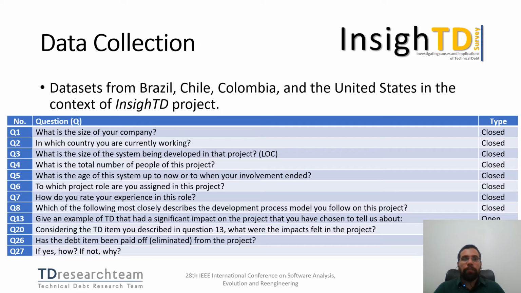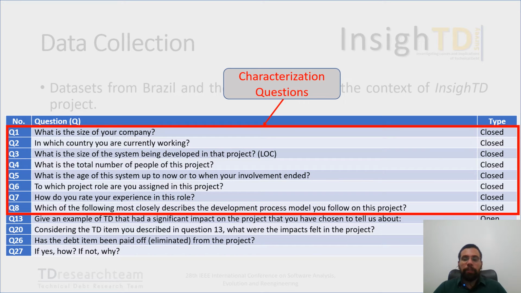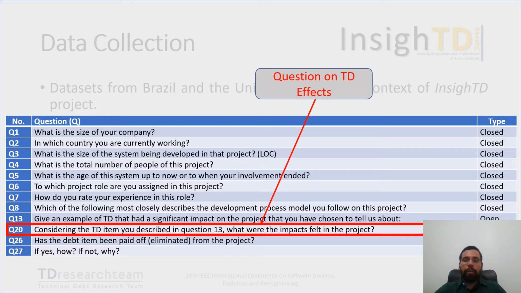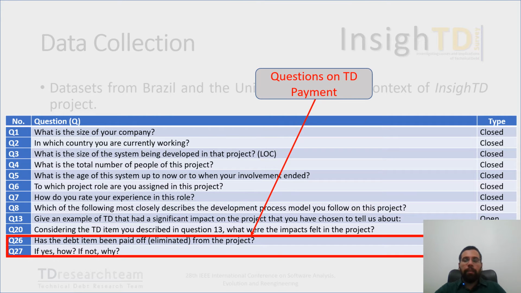About the questions, we have questions where the participant characterizes themselves and their workspace, provides the item that occurred in the project, describes the effect that the participant felt due to the TD item, and gives their point of view about technical debt payment.